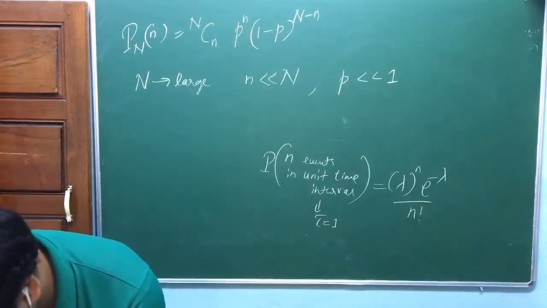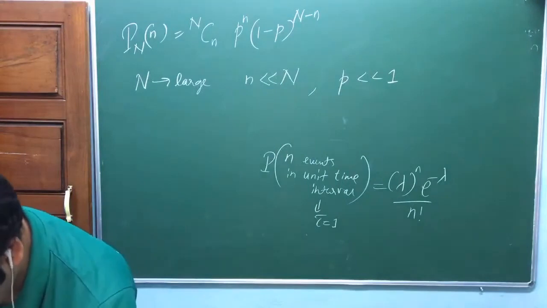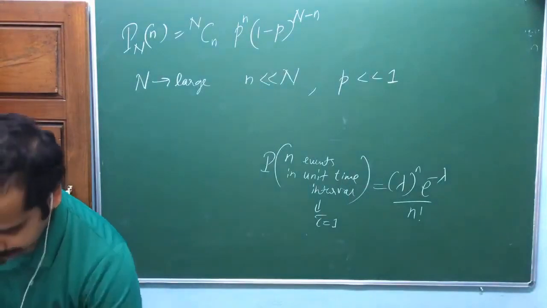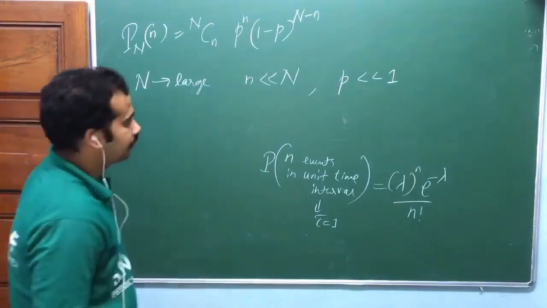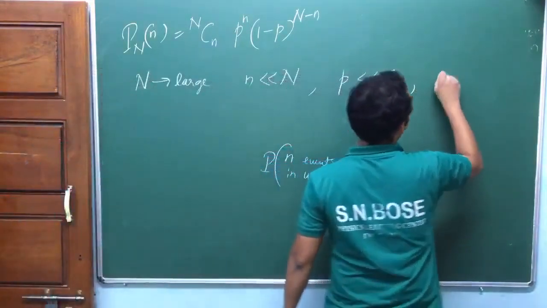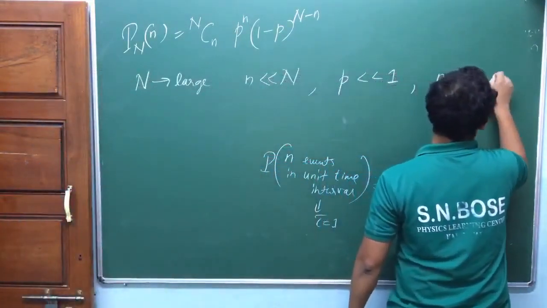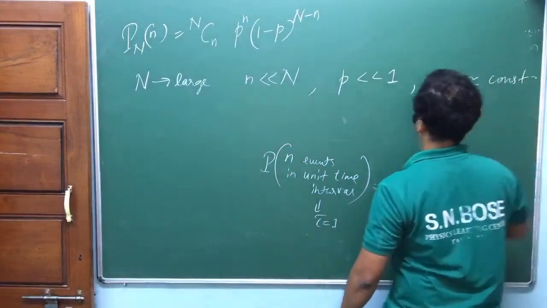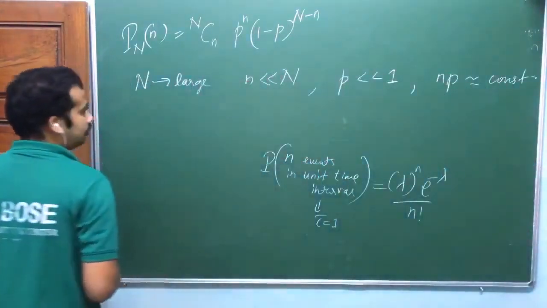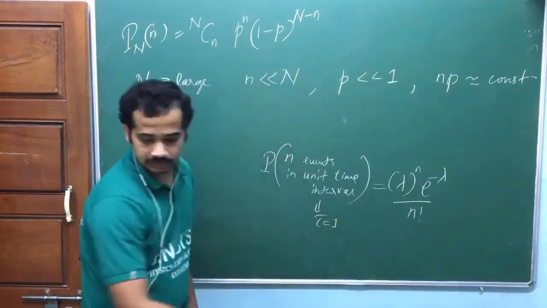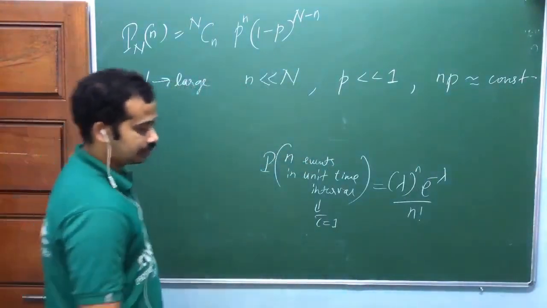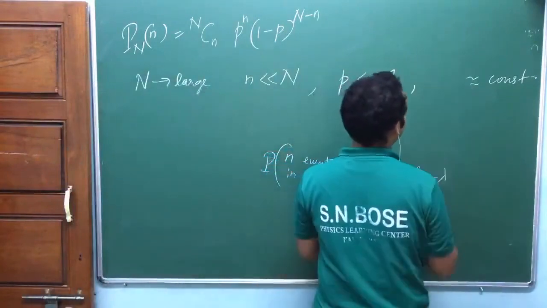Unless we derive it, I'll not remember anything actually. With Np remaining constant, N into p is nearly equal to a constant. That should be capital N, the symbols differ again. Capital N into p.